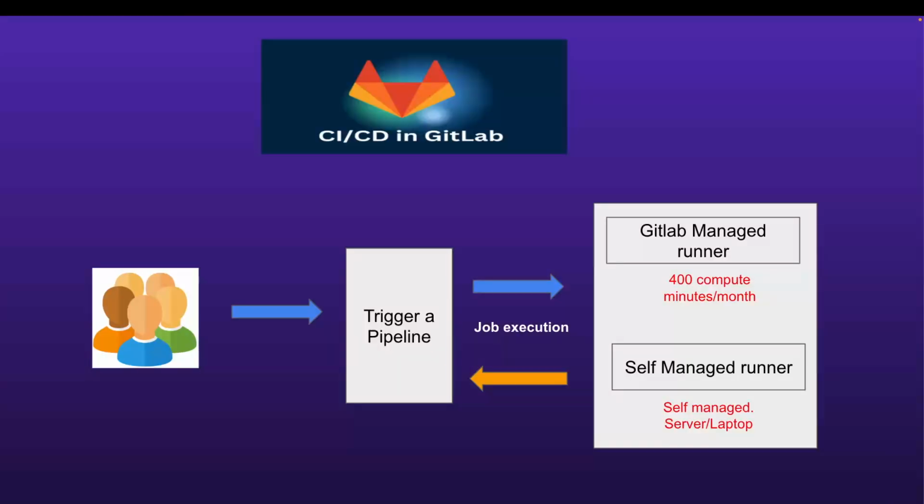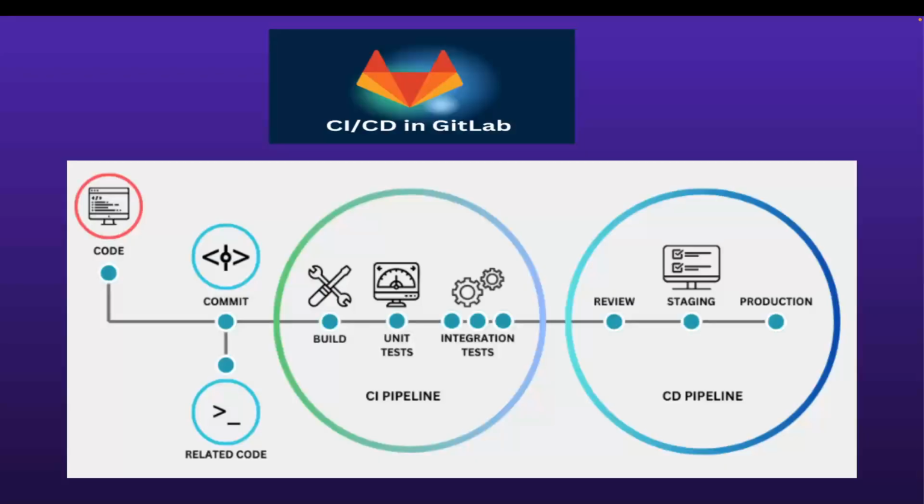I'll just migrate to this slide, where you can see what a CI pipeline and a CD pipeline are. When a developer checks in or commits the code, it needs to pass through various stages, like the build, the unit test and the integration test, and then it goes into the deployment stage of staging and production.